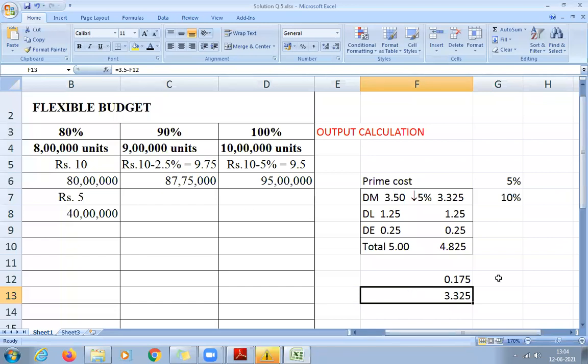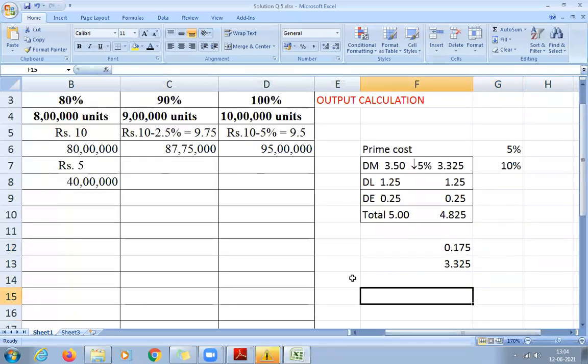Do you understand this calculation? Any doubt, students? How to calculate prime cost for 90% and 100% level of activity? Please respond. Explain again, sir.